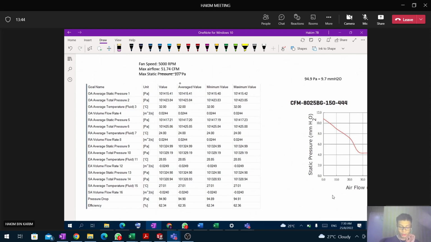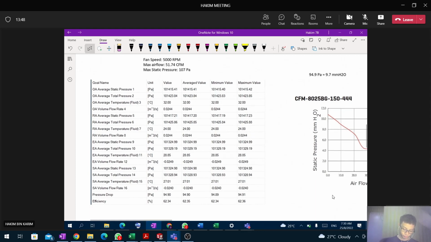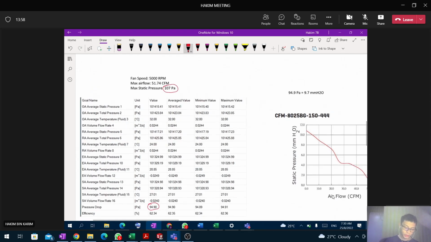The maximum static pressure is 107 Pascal, and you notice that this is higher than the pressure drop. So this means that if you use 5000 RPM or 51.74 CFM, the fan we use is feasible.